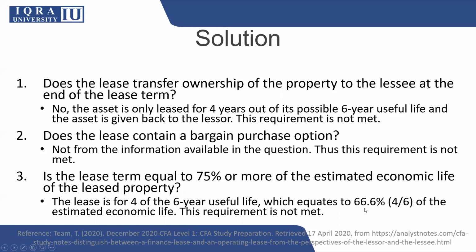It means that the company is not meeting the criterion of 75% or more of the estimated economic life. The company is taking this machine for 66% of the economic life, which is also not meeting the minimum criterion for the capital lease option.